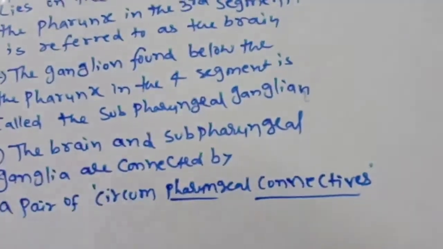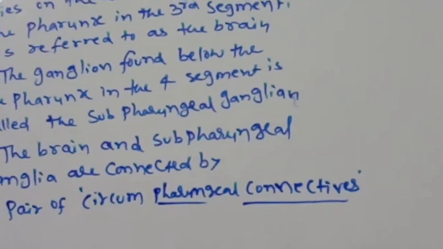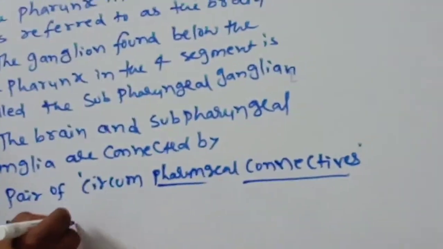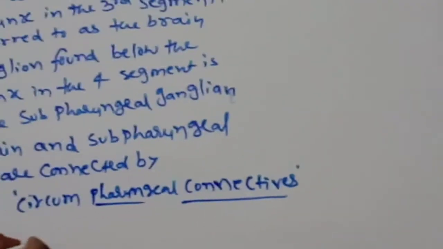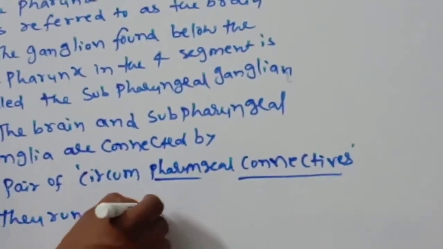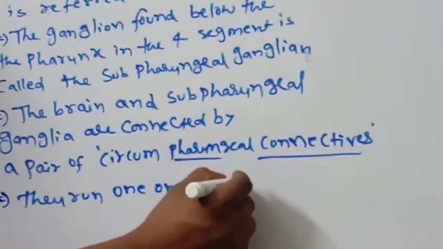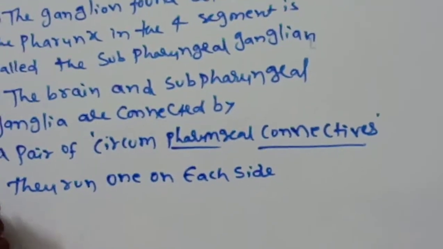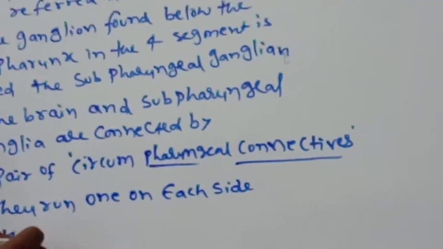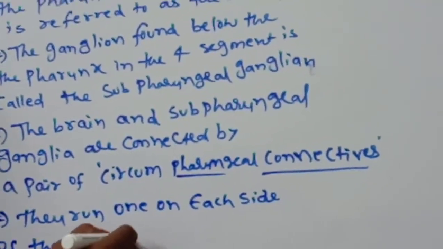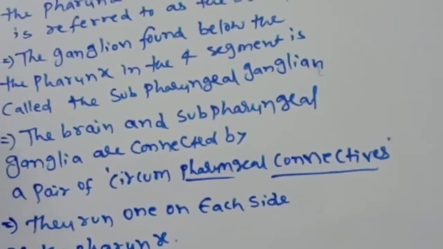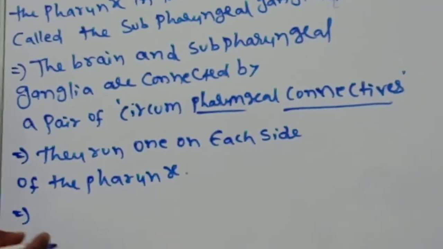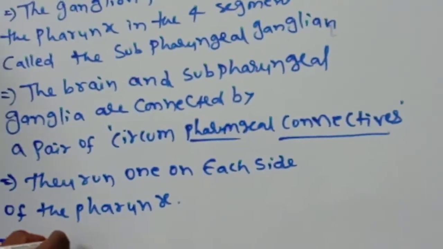Circumpharyngeal connectives. They run one on each side of the pharynx. Very important. The next important thing we have to remember is that thus they form a nerve ring.